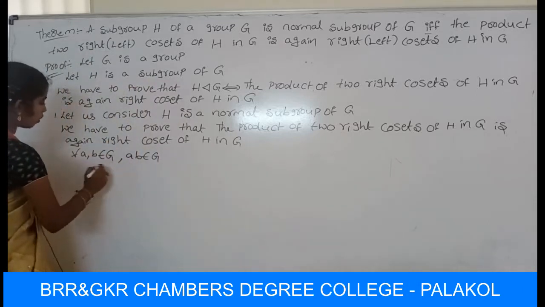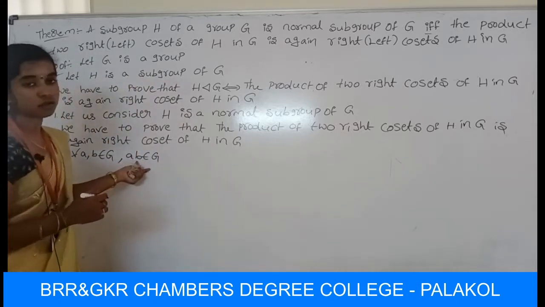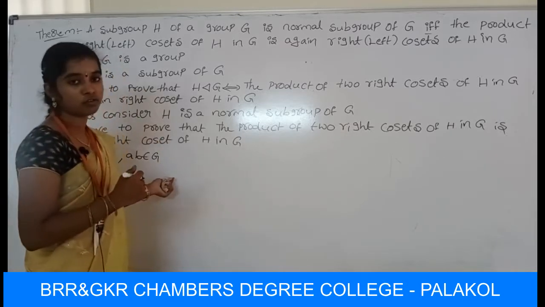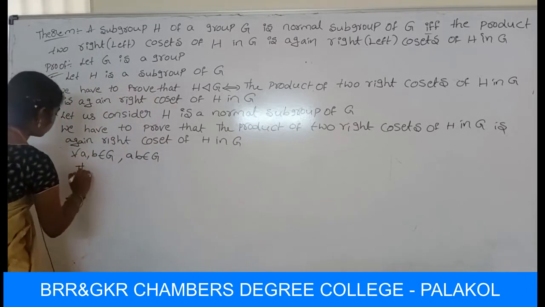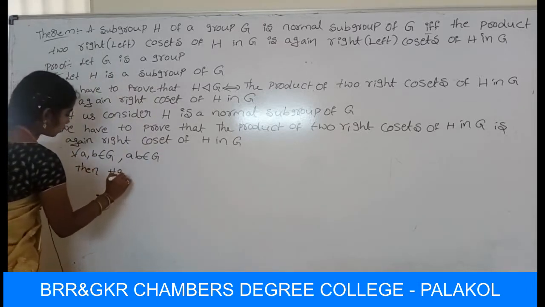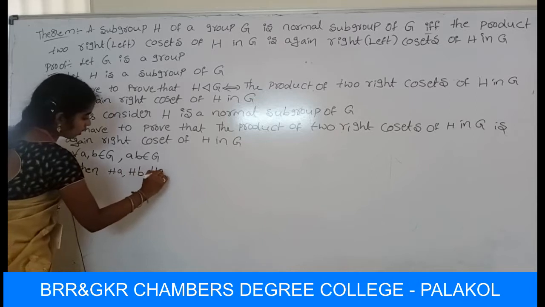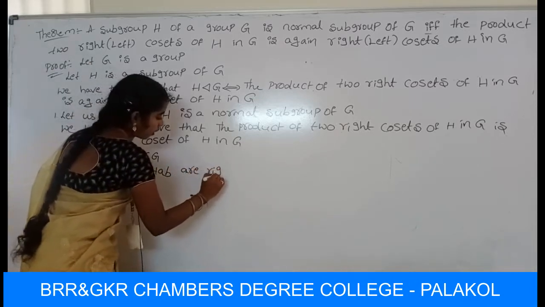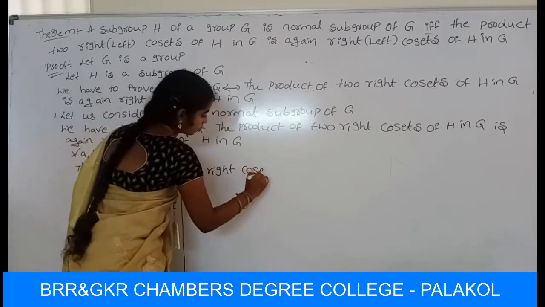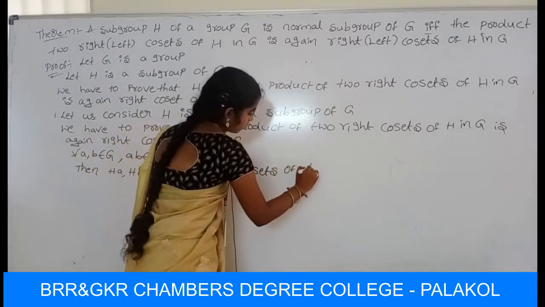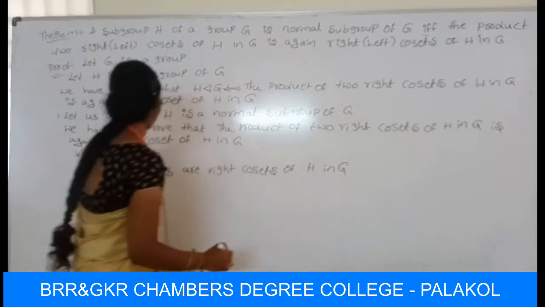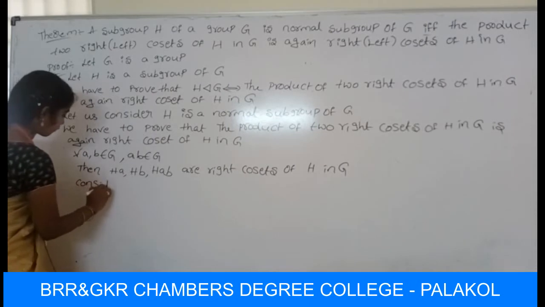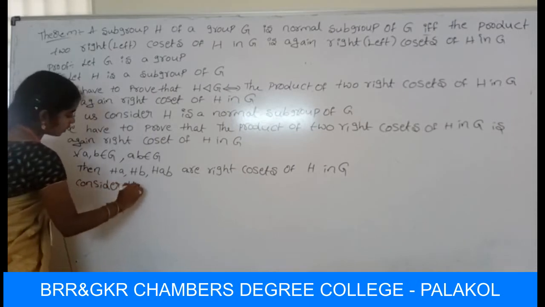Next, already you know that AB belongs to Z. So then HA, HB, HAB are right cosets of H in Z. So consider HA, HB.